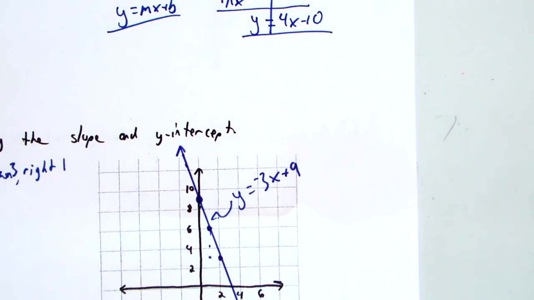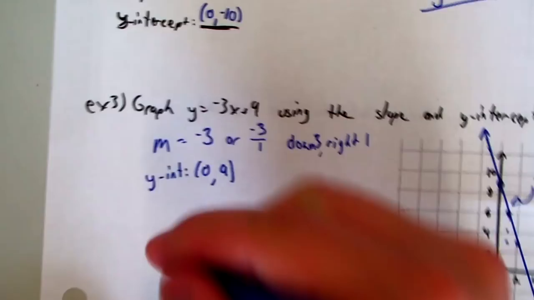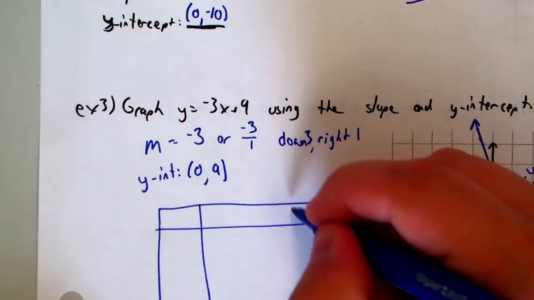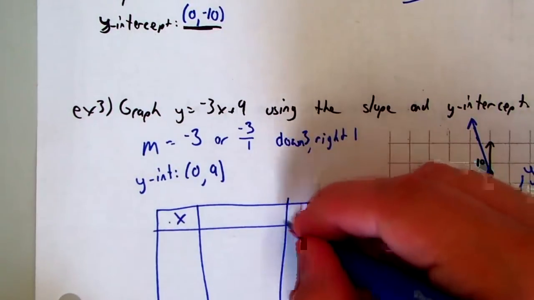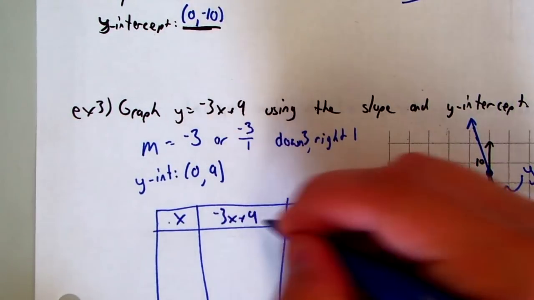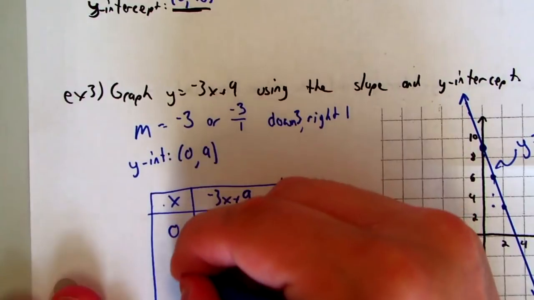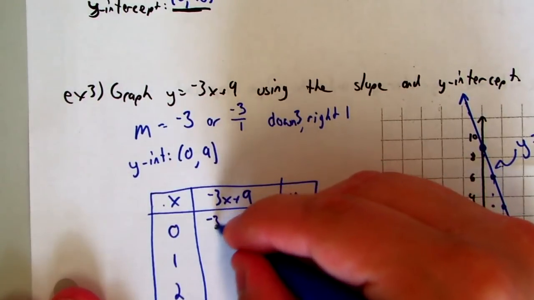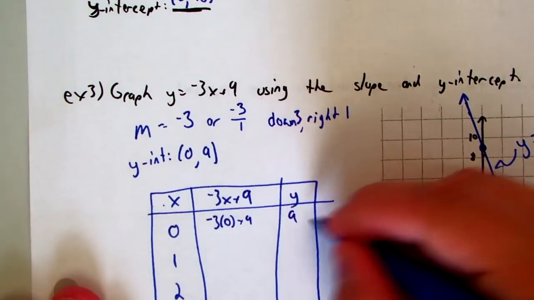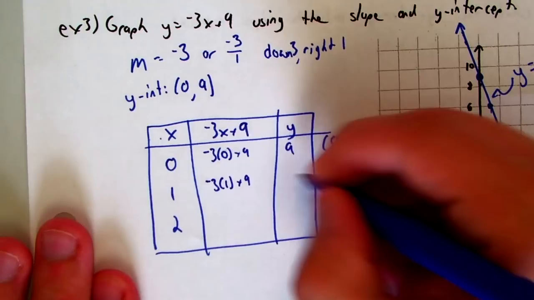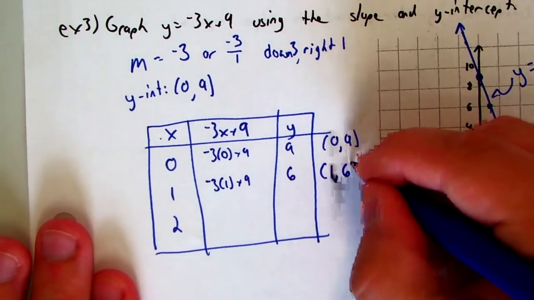What you could also do, if you're not quite comfortable with graphing from simply the equation, is make a table. You could use 0, 1, and 2 for inputs. This is our function table, if you recall. Our first ordered pair will be at (0, 9), which is right here. If I use an input of 1, I have negative 3 times 1 plus 9, which would be 6.